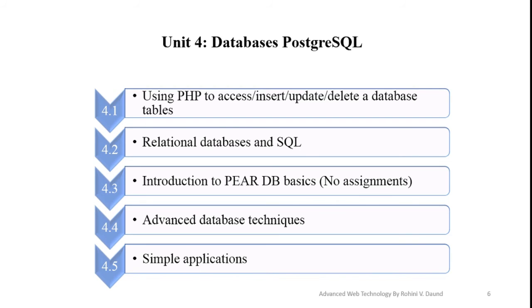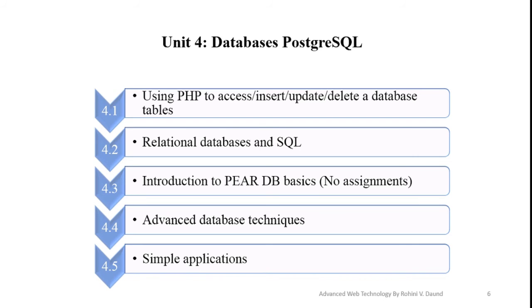Third point is introduction to PEAR DB basics. PEAR DB is an advanced object-oriented database library that provides full database abstraction. That is, we use the same code for all our database. Fourth point is advanced database techniques.